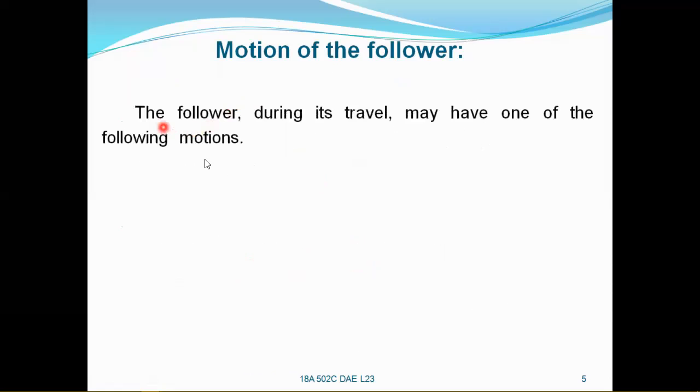Now, what are the types of motions of the follower? The follower during its interval may have one of the following motions. Number one is uniform velocity. The follower may have simple harmonic motion.